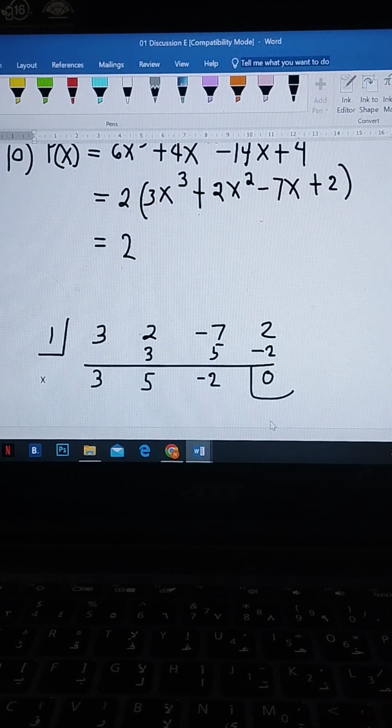So therefore, x equal to 1, therefore this is equal to x minus 1. So one factor is x minus 1.